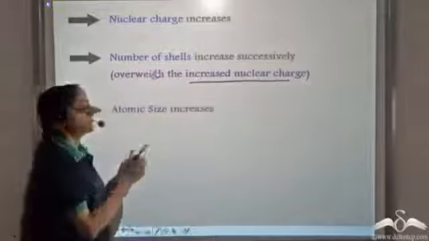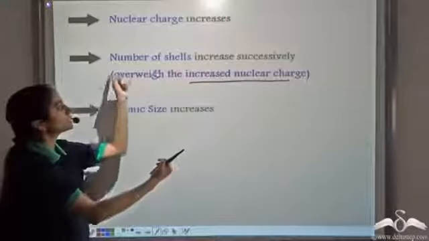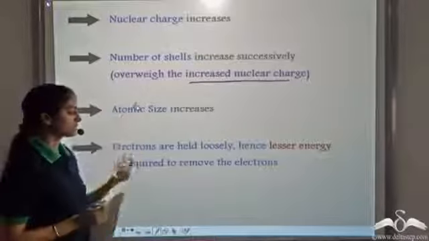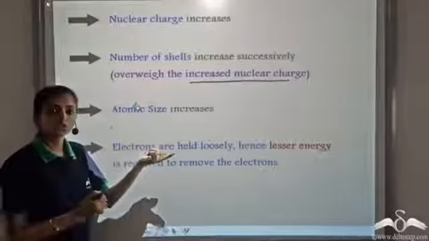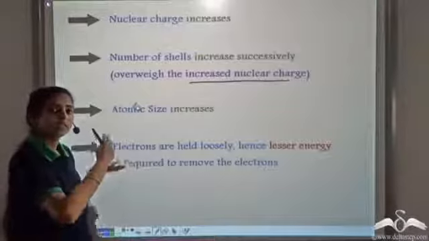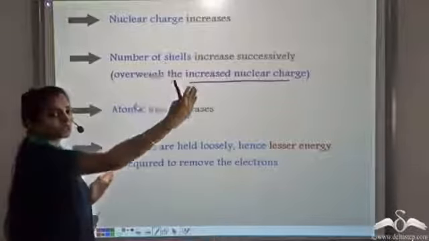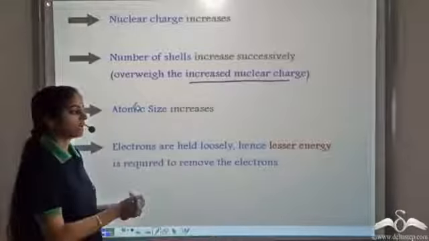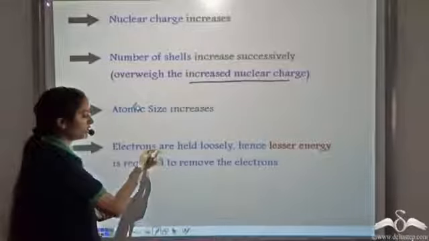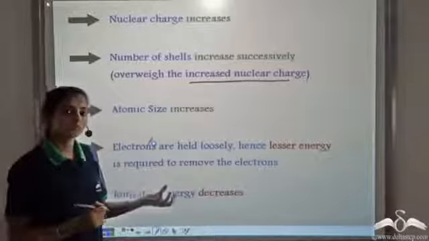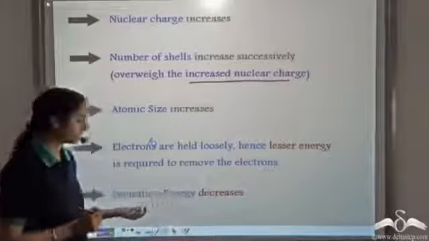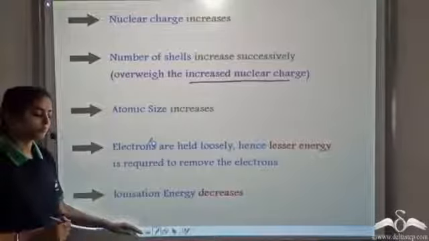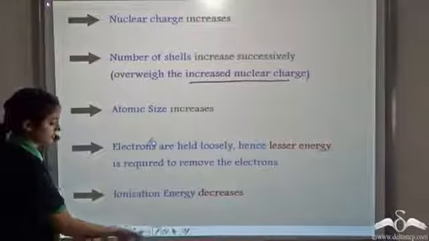So in effect, the atomic size increases due to the increase in the number of shells. As the atomic size increases, electrons in the outermost shell are held loosely, since the effect of the nucleus on the outermost shell decreases. So removing the electrons becomes easier, and we have to provide lesser energy. As lesser energy is required to remove the electrons, the ionization energy on moving from top to bottom in a group decreases.